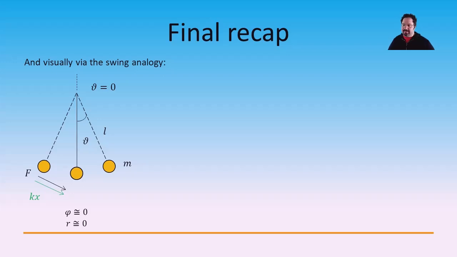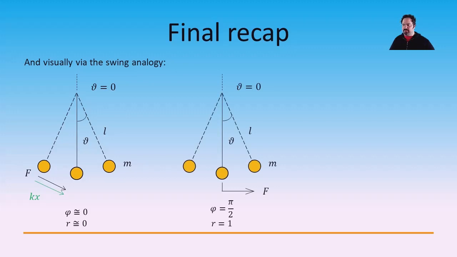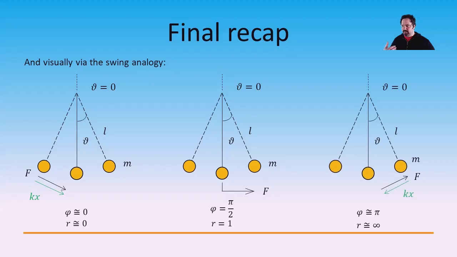In resonance, force is synced with velocity, and force and displacement are in quadrature. And beyond resonance, the driving force and the elastic one, or gravity in the case of the swing, are opposite to each other.